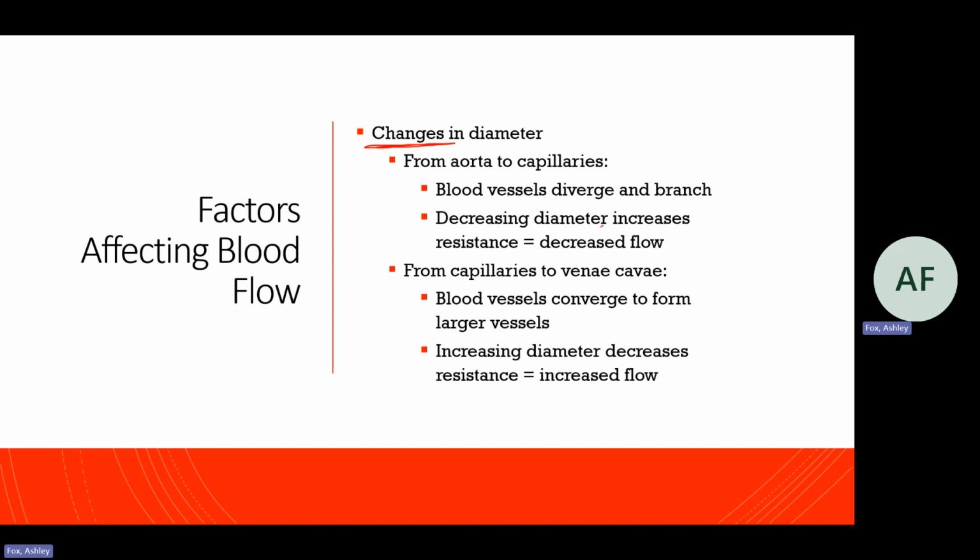So decreasing the diameter increases the resistance and you have decreased flow, which is our goal in the capillaries anyway, to slow down blood so you have time for exchange. The opposite, going from capillaries to the largest veins, the vena cavas, is going to be increased diameter, decreased resistance, increased flow.